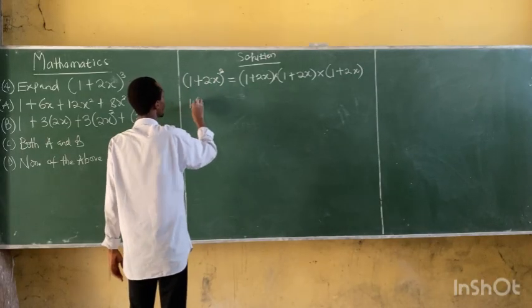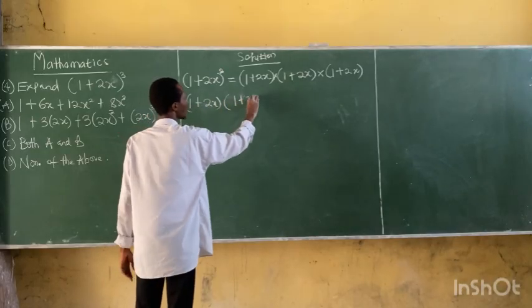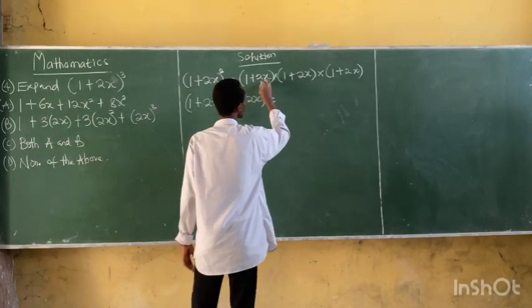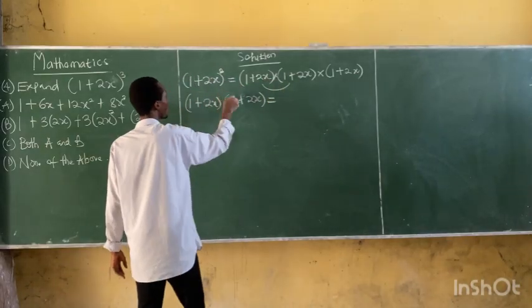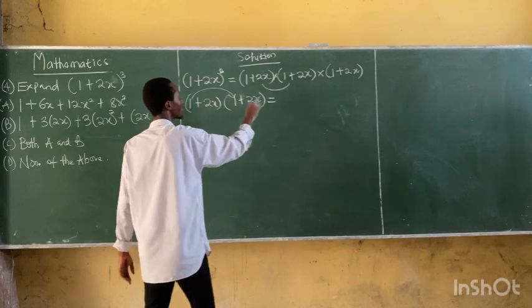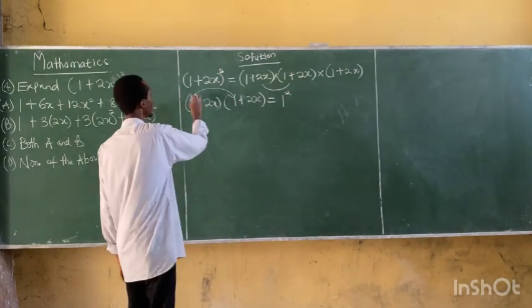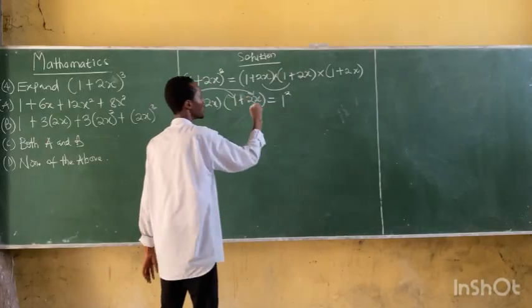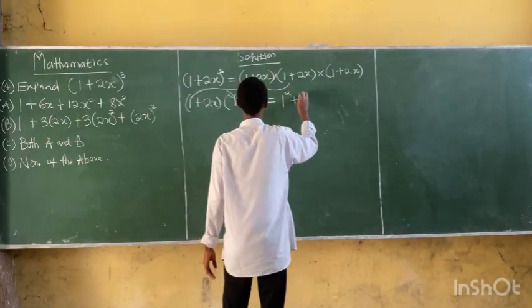We have 1 plus 2x into 1 plus 2x is equal to, let's work with these 2. If we do that, we have 1 will multiply 1. 1 times 1, we have 1 squared. This same 1 will multiply 2x. 1 times 2x gives you plus 2x.